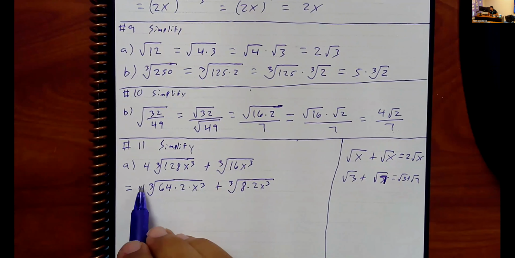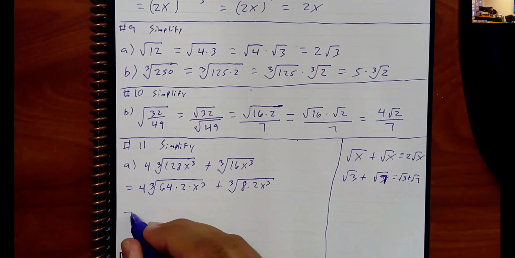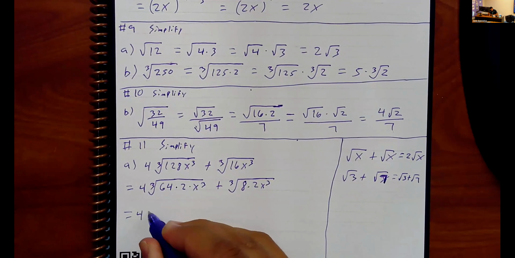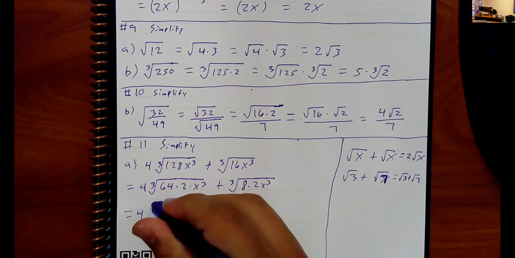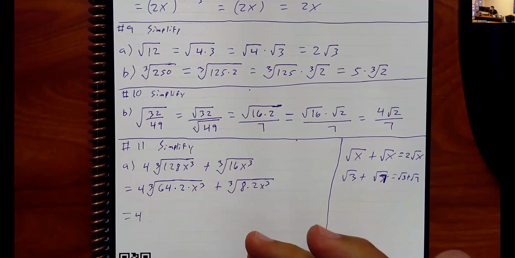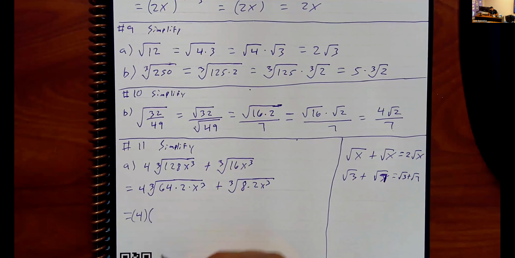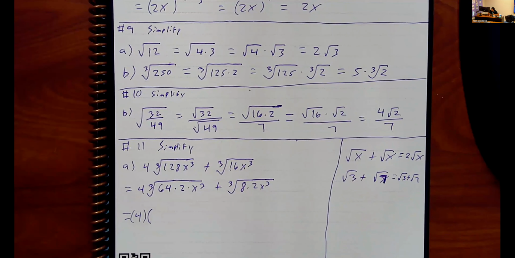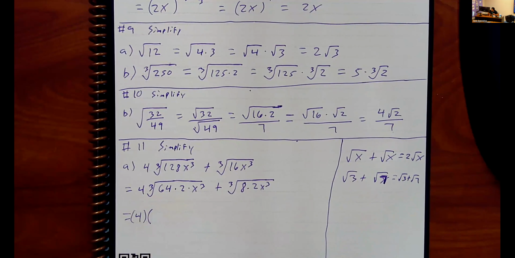This 4 out here, I'm just gonna leave it there for now. Okay. So what is the cube root of 64? I'm gonna put parentheses out here. The 64 would come out as a what in front?